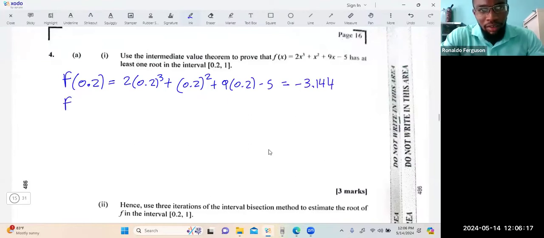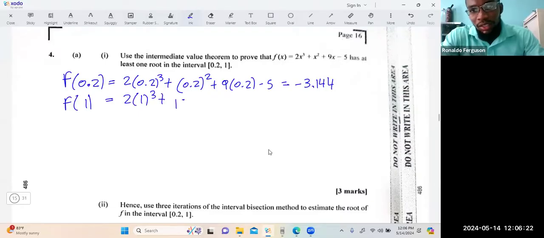And then f of 1 is 2 times 1 cubed plus 1 squared plus 9 times 1 minus 5. That's 3.